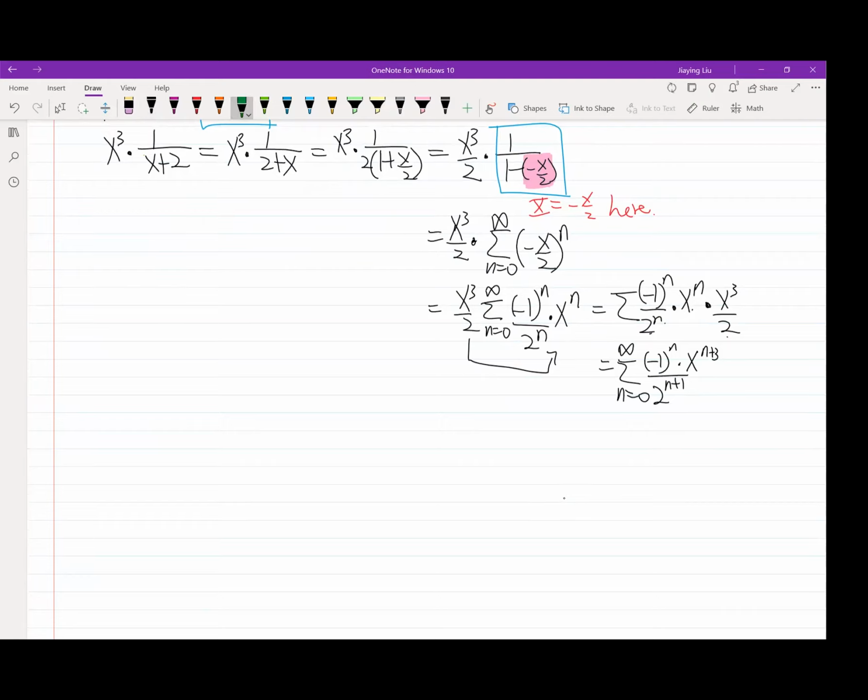After we put them together, this is the power series representation of the example we had, which is x cubed over x plus 2. We can write it as power series n from 0 to infinity, negative 1 to the n over 2 to the n plus 1, x to the n plus 3.